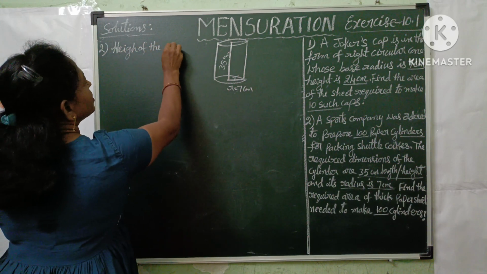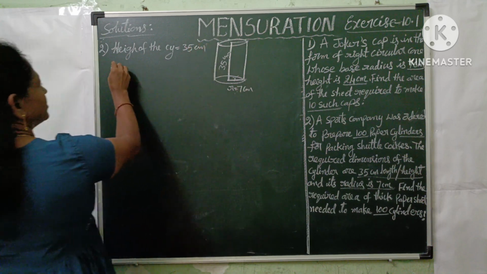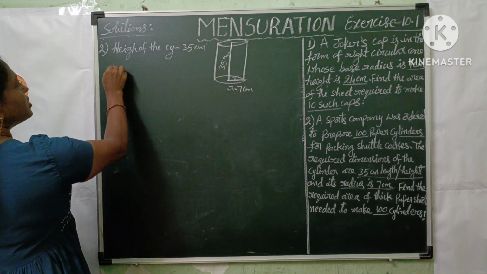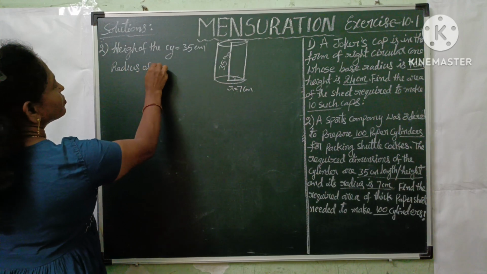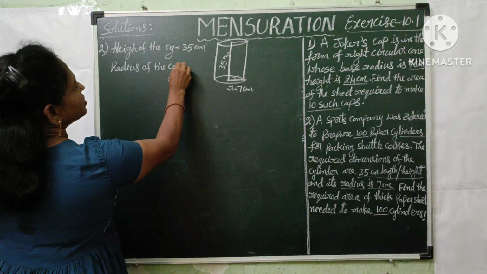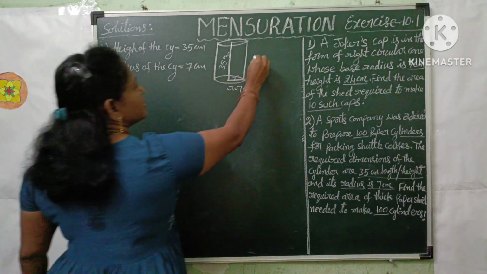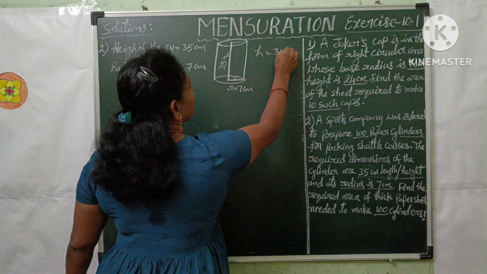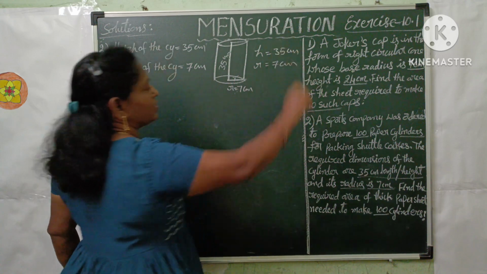Height of the cylinder equal to 35 centimeters, radius of the cylinder is 7 centimeters.